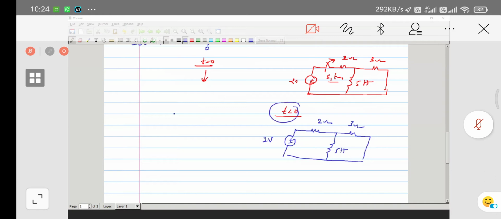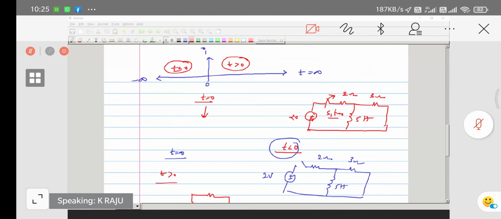At t equal to 0, the switching instant, the switch is open, and at t greater than 0 also the circuit is like this only.